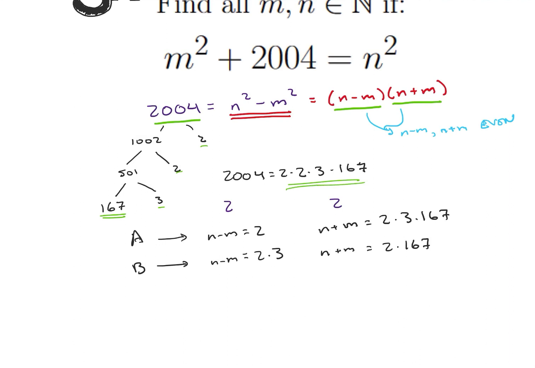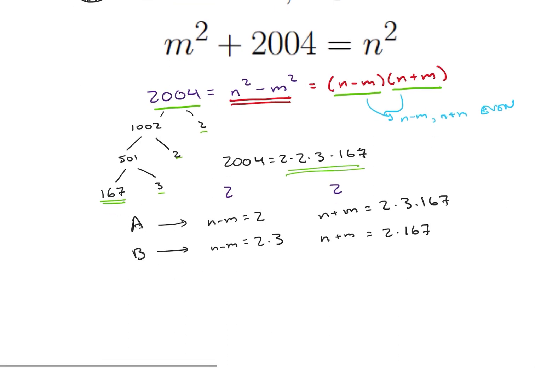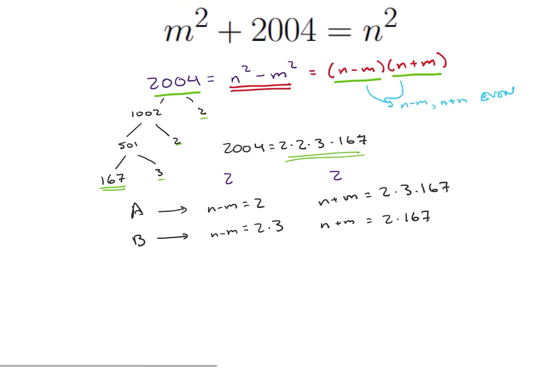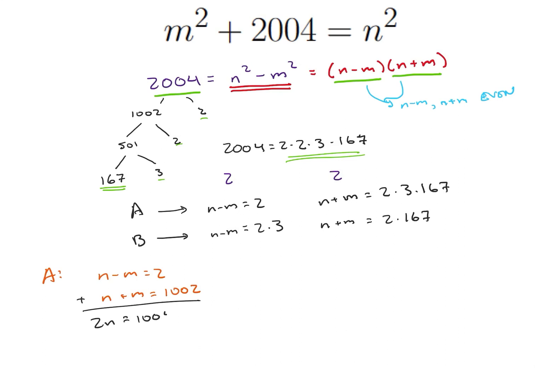So all I need to do here is solve these two systems of equations. If n minus m is equal to 2, and so this is situation A, and n plus m is equal to 2 times 3 times 167, which is 1002, I can just add up these two equations, and I'm going to get 2n is equal to 1004.